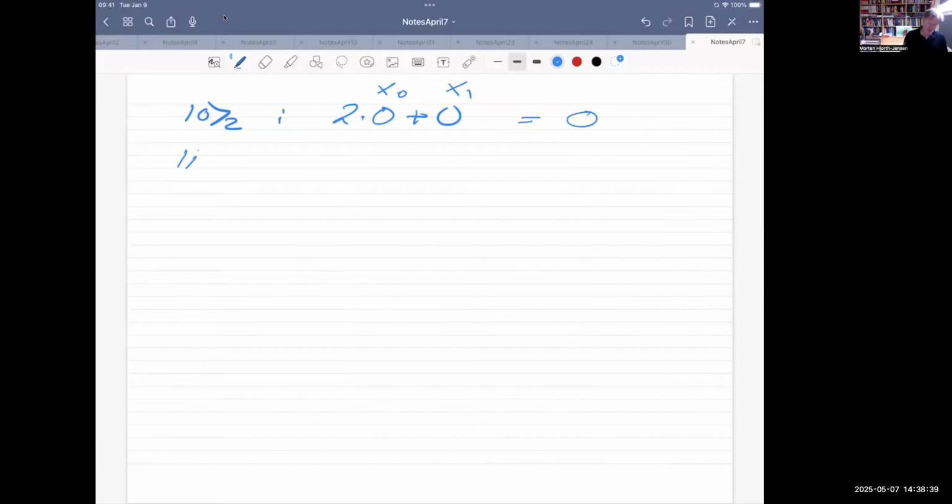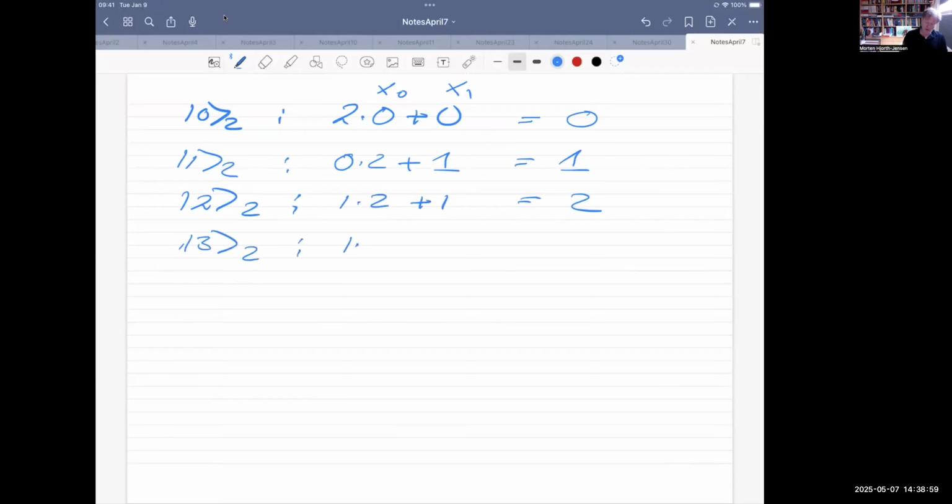If I take the next one, you see that what we would have is 0 times 2 plus 1, which is 1. And then we take the next one. So that would be 1 times 2 plus 0, and that gives us 2. And the final one is 1 times 2 plus 1, which gives us, so sorry, this should be plus 0 for the previous one, and this one is equal to 3.